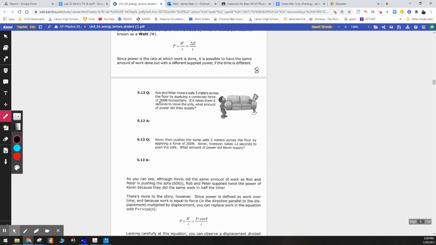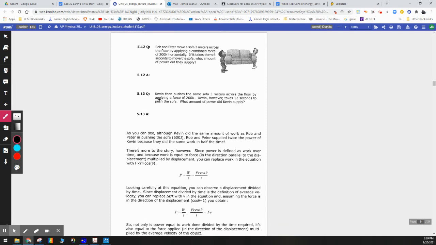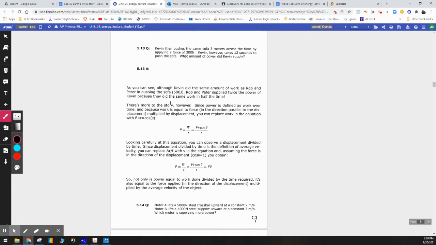All right, so go ahead and look at this here, and we'll talk a little bit about some problems. Here is 5.12. We'll let you look at that, apply the definition or the formula for power, and try to solve 5.12. Also go ahead and work on 5.13 as well.